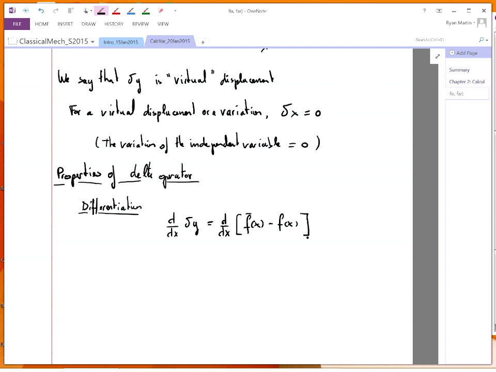So if I plug in f bar of x minus f of x, that's d by dx of epsilon phi of x.